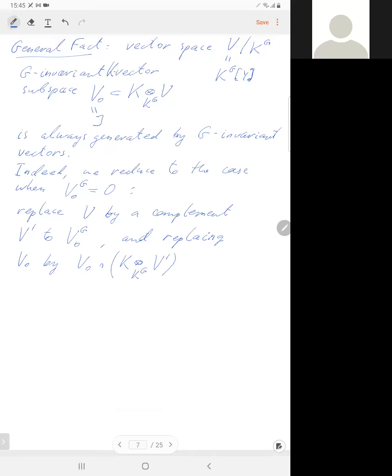Okay, and so now after this we have to prove that if there are no invariants, then V naught is necessarily 0.